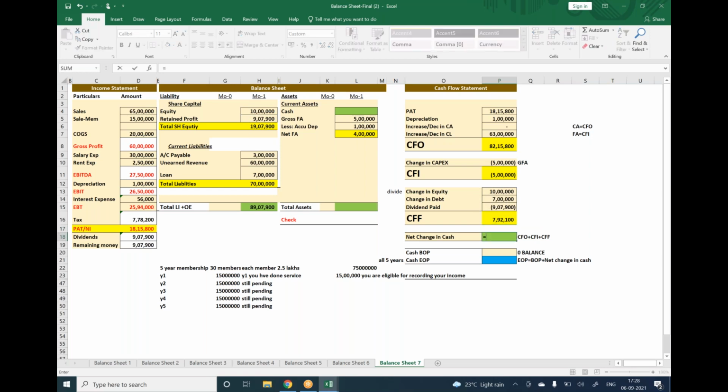So net change in cash will be CFF plus CFI plus CFO. Beginning of period cash is 0, nothing is mentioned. So EOP will be BOP plus net change in cash.